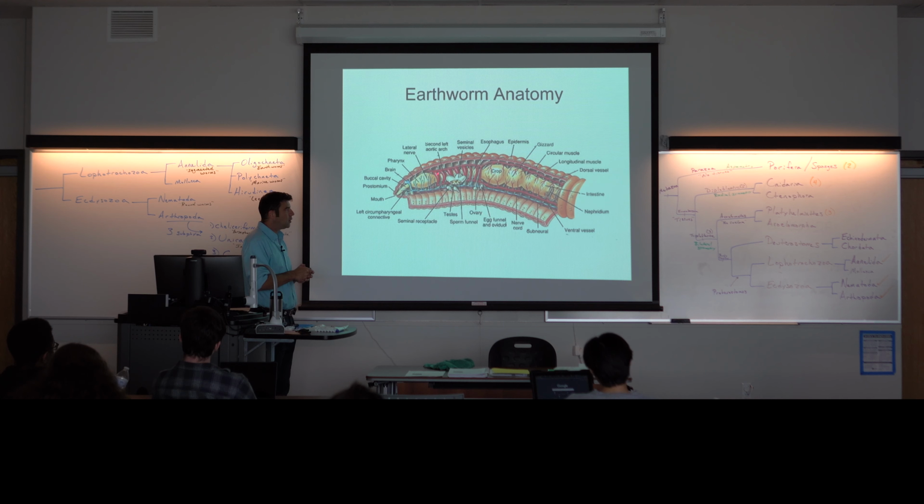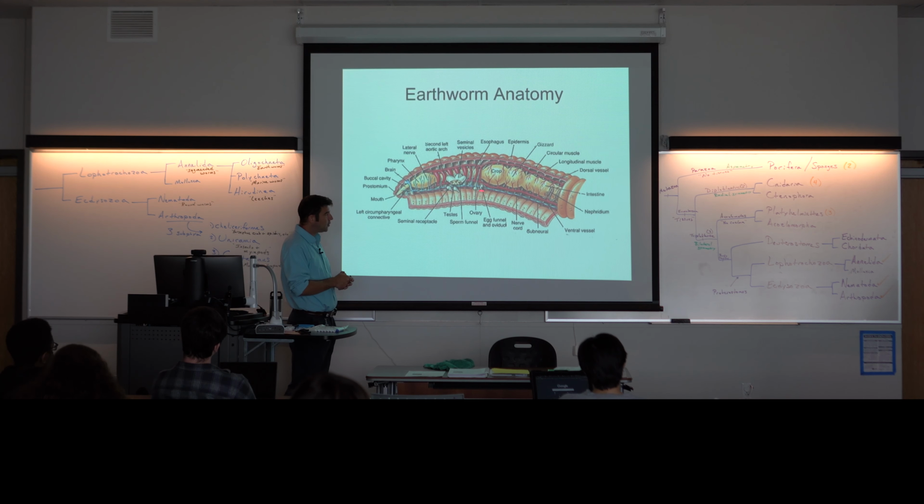So we can count 1, 2, 3, 4, 5 of those ring-like heart structures. Everything else past that, you can see, doesn't have the muscle tissue in the walls of the blood vessels, so it can't pump or circulate blood. But we're going to see closed blood vessels.